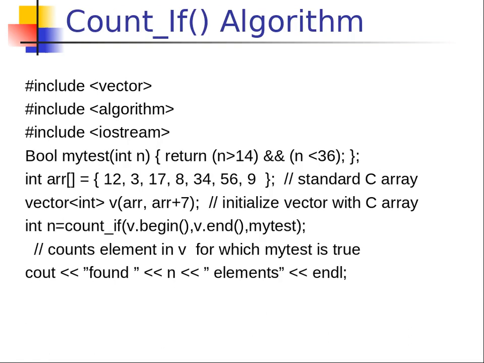All right, count. Return the number of times the function passes. All right, what's the count? Greater than 14, less than 36.